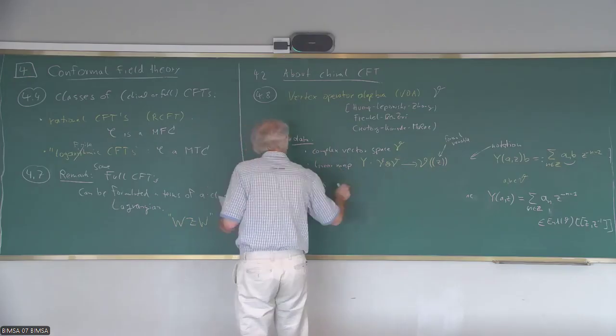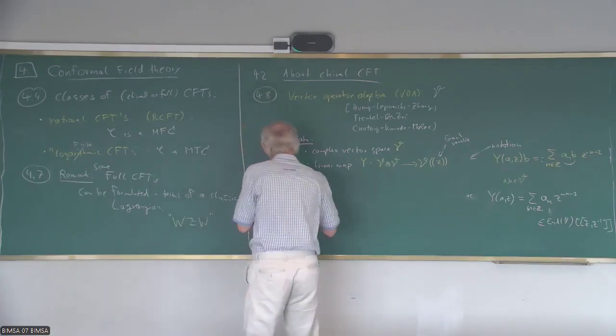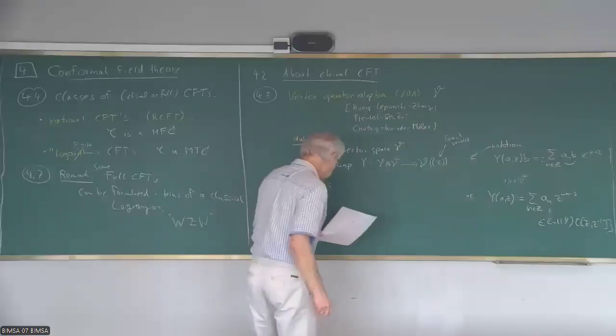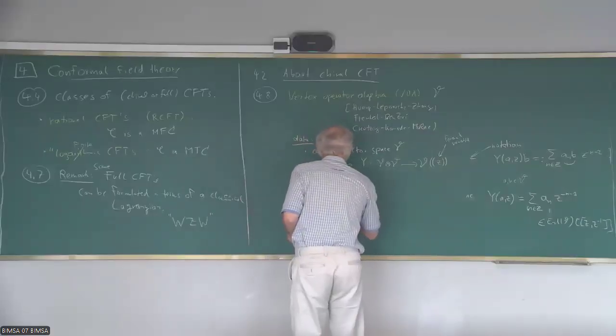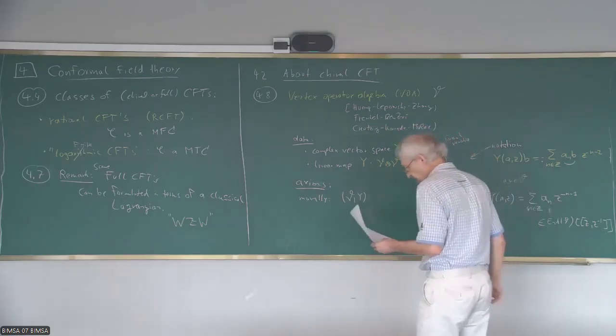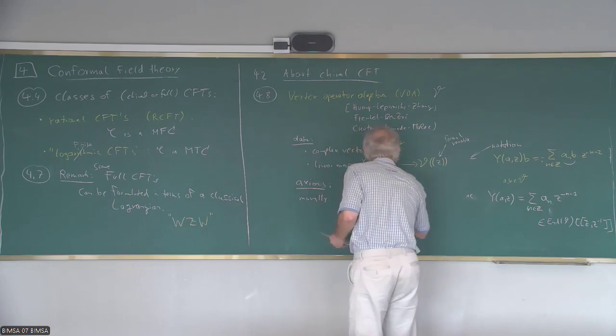No, sorry. I will not specify the axioms in detail, but just morally, what you say is that this pair consisting of the vector space and this linear map is, in a suitable sense, a commutative associative algebra.